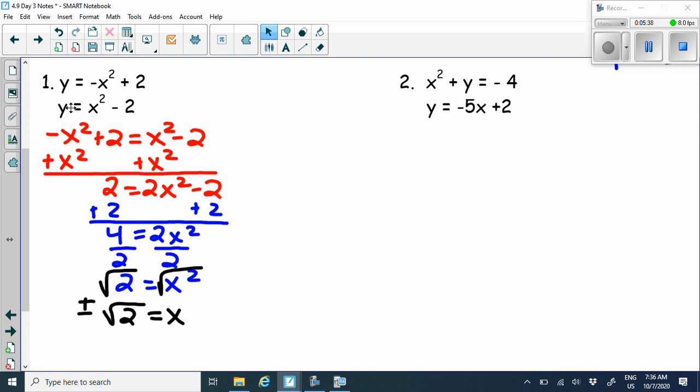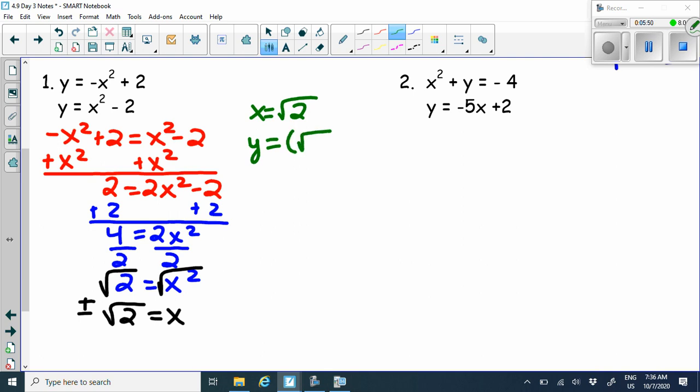So let's start off with positive square root of 2. So I'm going to have x equals square root of 2, okay? So I'm going to plug that. So I have y equals, now use parentheses here, squared minus 2. So you might be wondering, how am I supposed to plug this in?